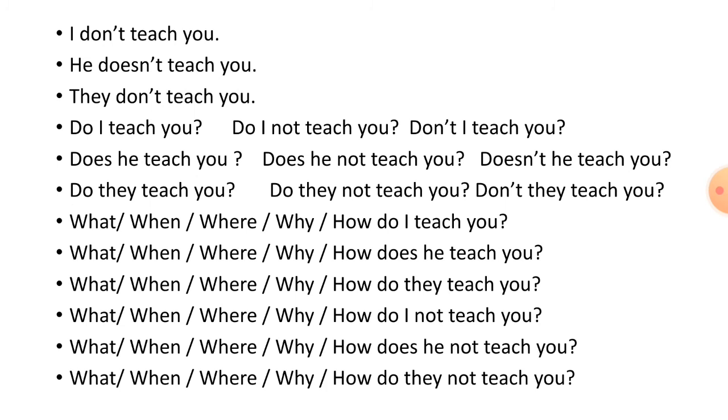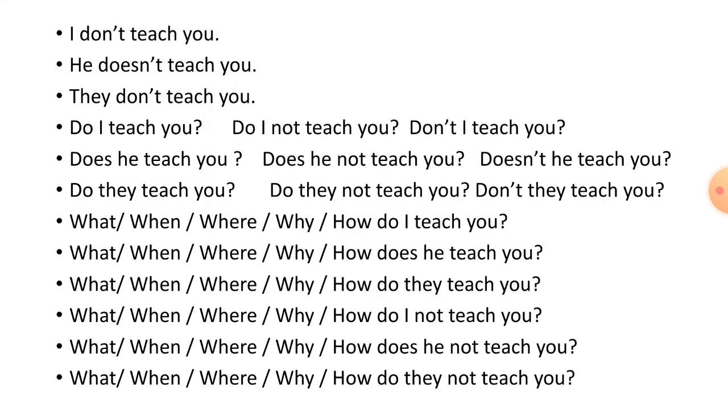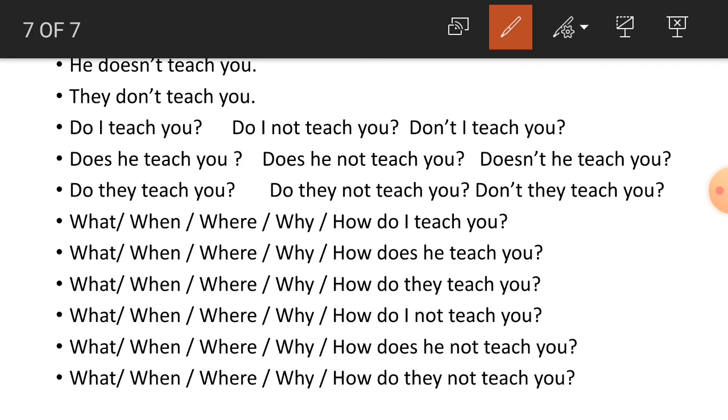I do not, don't teach you. Do not you can also say. He doesn't teach you, they don't teach you. Here you can check the helping verb. Students, what with they? Don't.